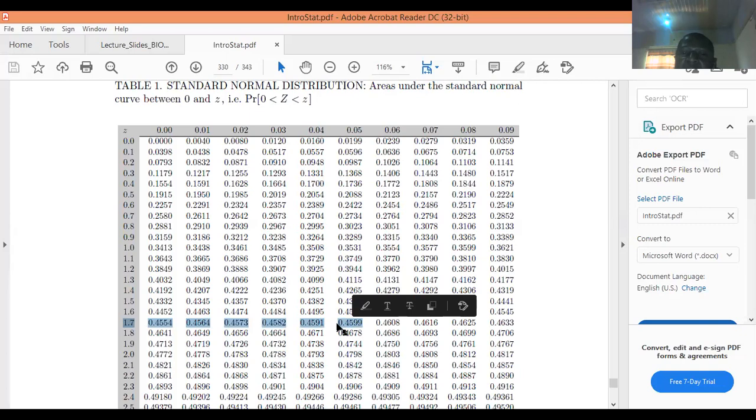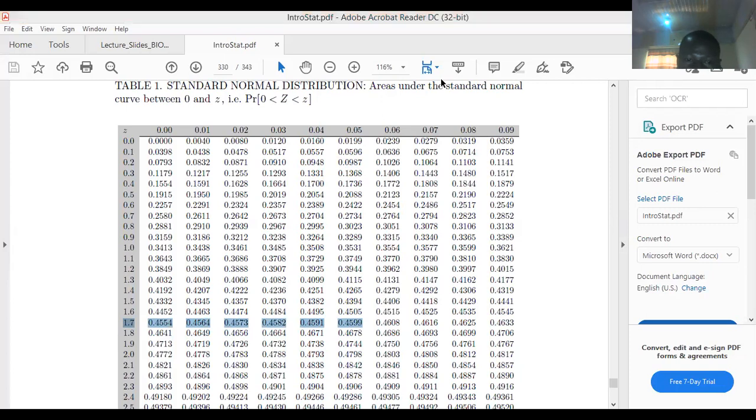So we add these values. We are going to add the value that we had here, which is 0.0987, to where we have the 7. Okay, it's here. So we add that to 0.4599.